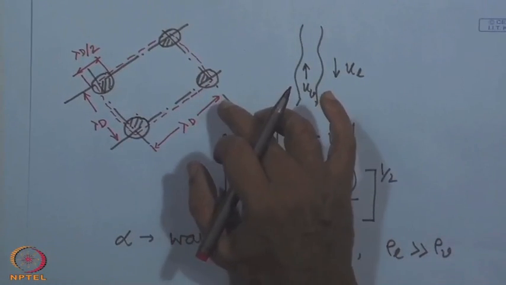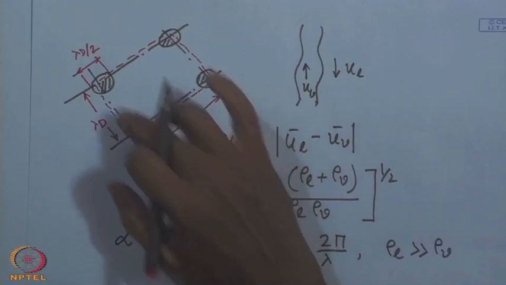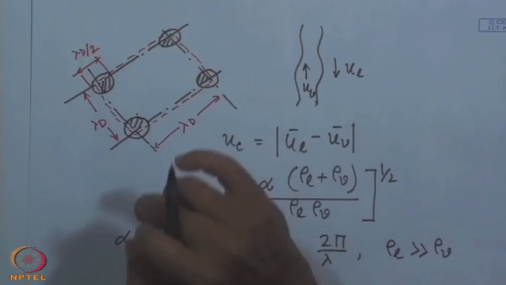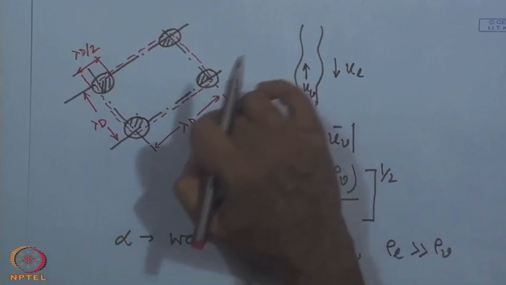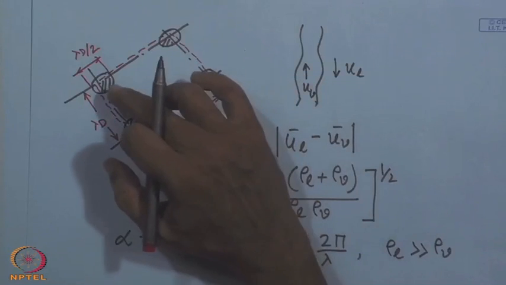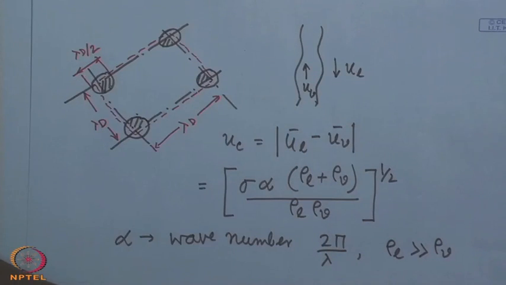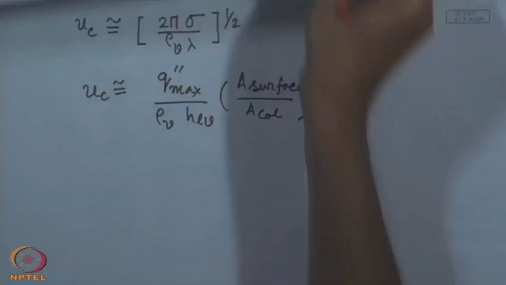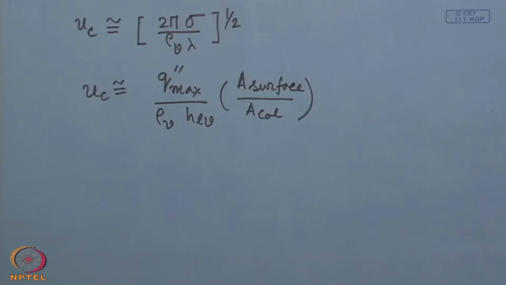So, A surface denotes the area of the square whose side is given by lambda d, and the jet area is given by the circular area of the circle whose diameter is lambda d by 2.